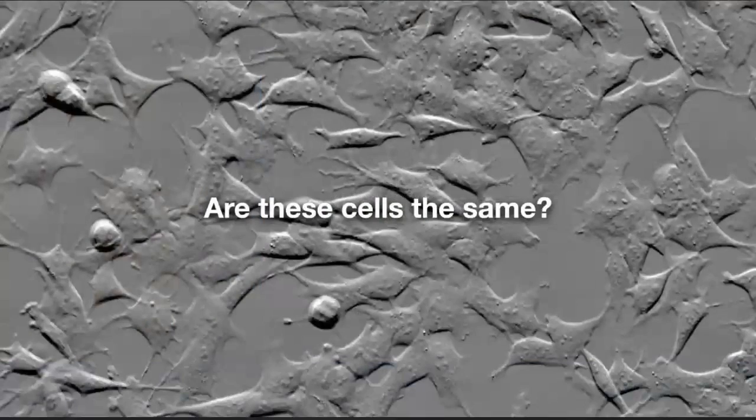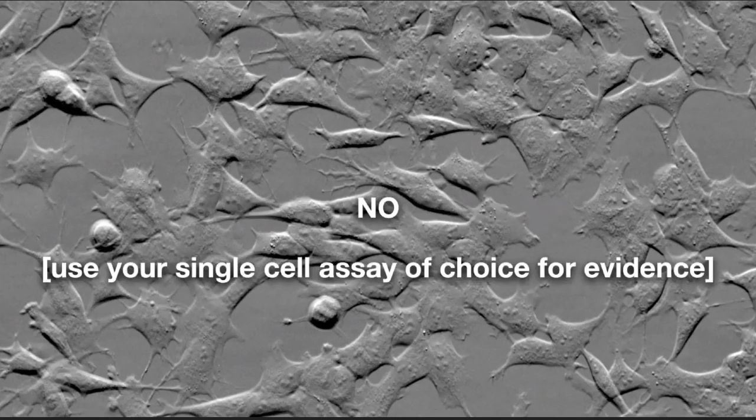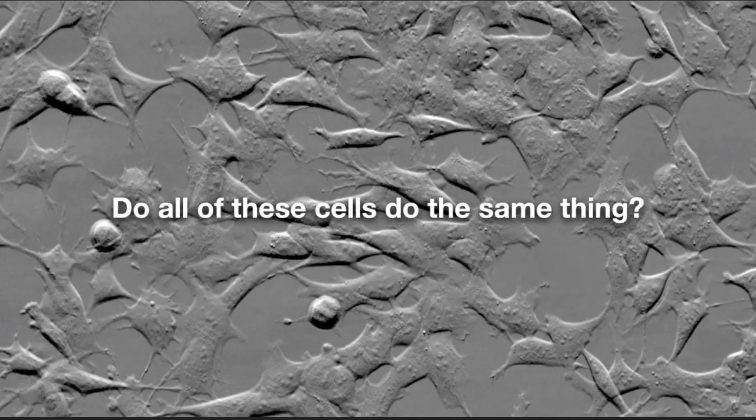They all look like gray blobs, but you can probably anticipate the answer to this question, which is no. And you can use whatever single cell assay you want, of which we've seen many brilliant examples. They will all show variability from cell to cell. Really, though, the question that I think motivated a lot of this at the very beginning was not so much, are all these cells the same, but do all of these cells do the same thing?